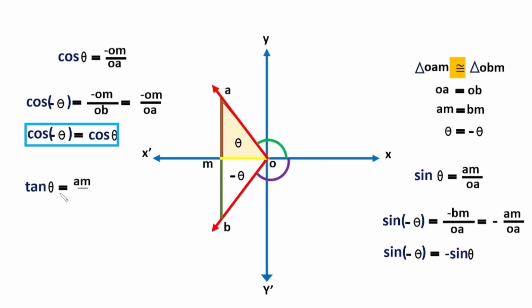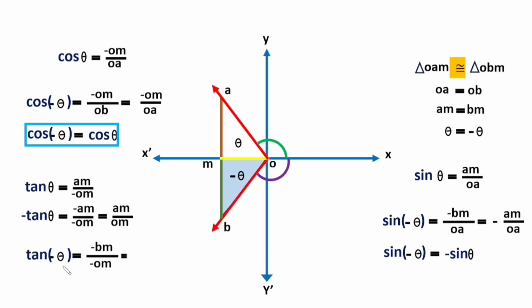Now the tan ratio of theta equals AM upon OM. But I would like to multiply a minus sign to both the numerators. So minus tan theta equals minus AM upon minus OM. So these two minus signs are cancelling out, and we can write this one as AM upon OM.